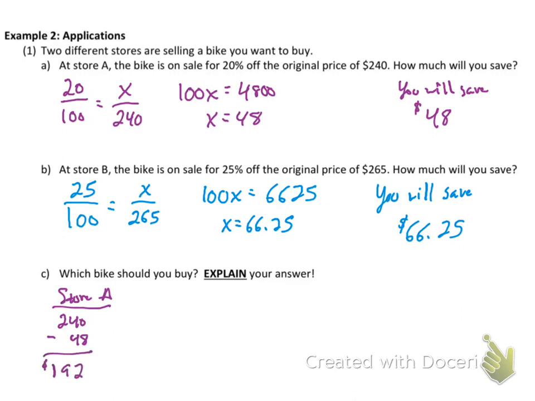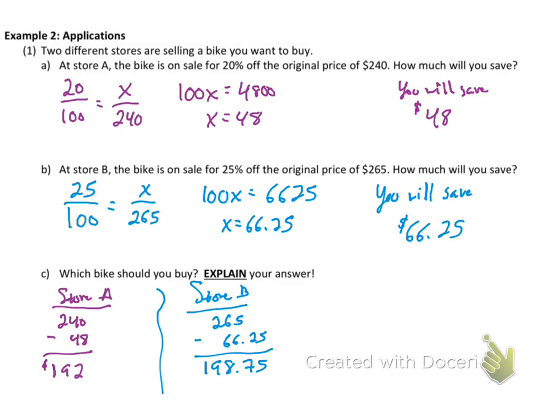At store B, the bike was originally more expensive. It was $265. I did get a bigger discount, but when I apply that discount onto the original price, you'll see that it is still more money than store A. So you should buy from store A.